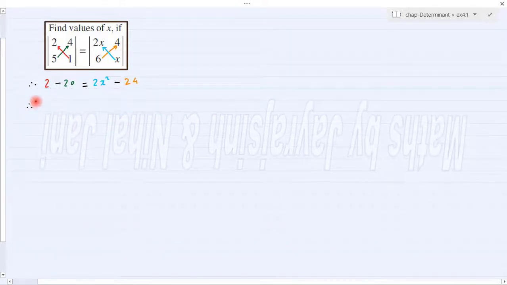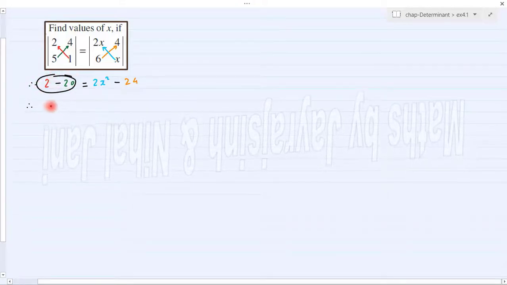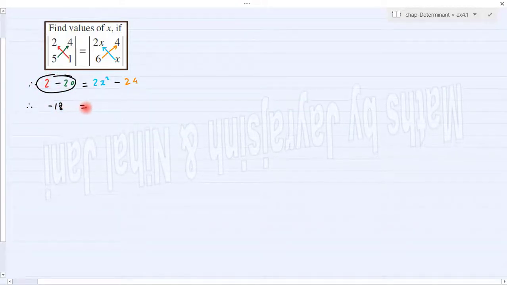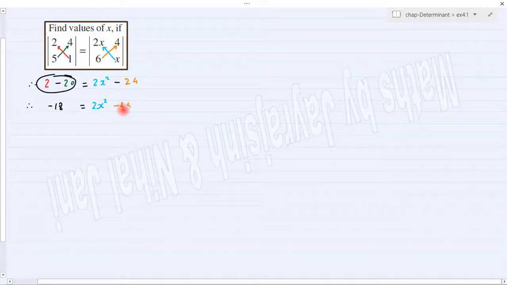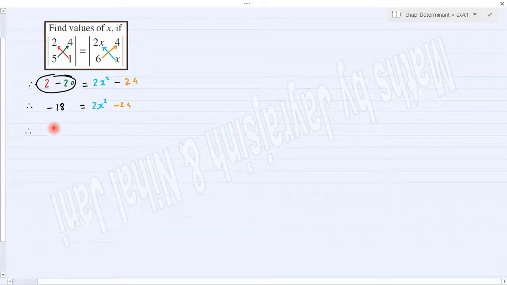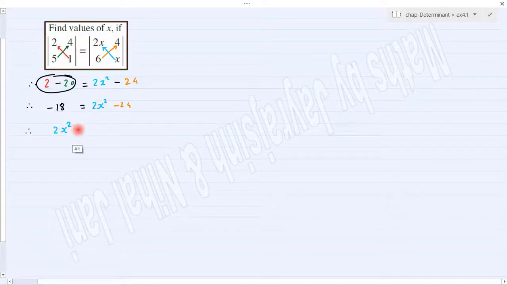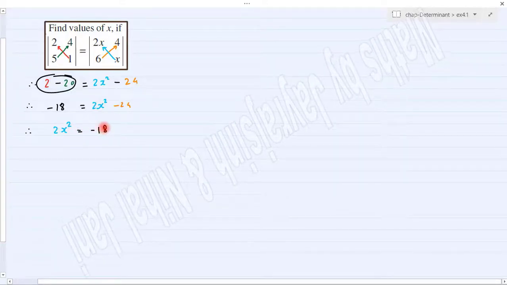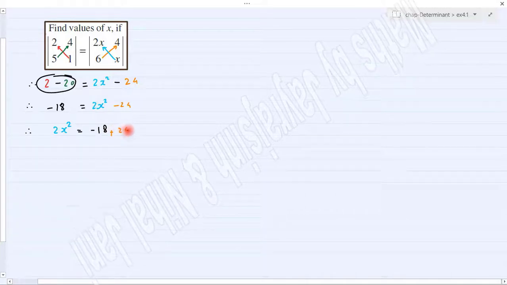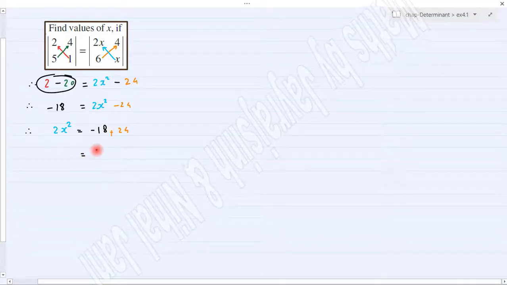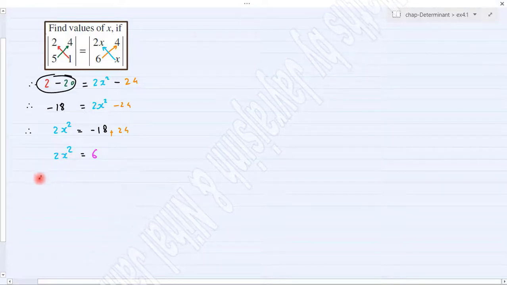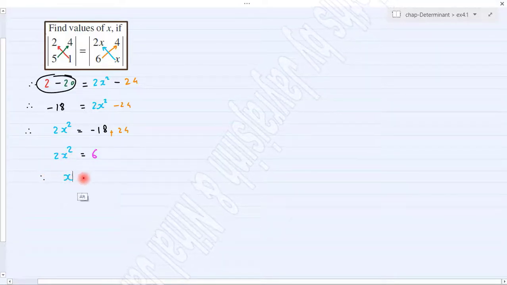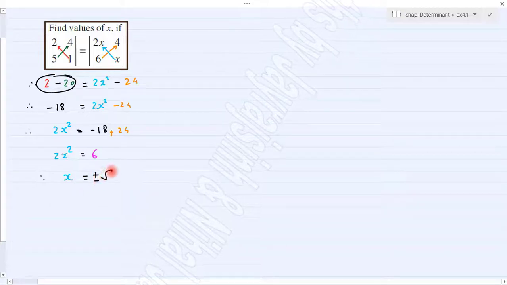Now let's simplify. 2 minus 20 will become minus 18, so minus 18 is equal to 2x square minus 24. So here we will get 2x square is equal to minus 18 plus 24, which will give us 6 is equal to 2x square, or we can say your x will be plus or minus root 3.